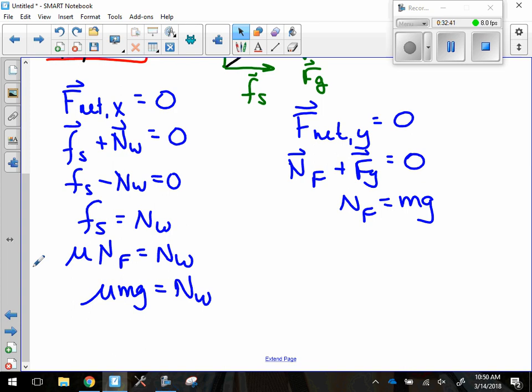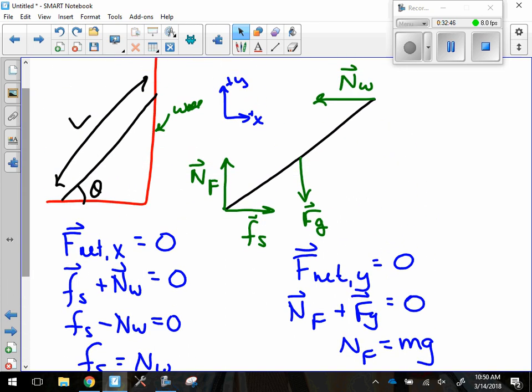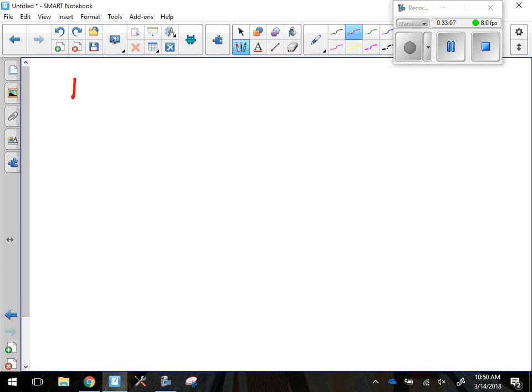Bingo. Okay. So where do you think we should do the torque around? Probably the floor, because I don't know what any of those things are. Okay. So that's going to be my axis of rotation. So I'm going to find the torque around, well, the contact point between ladder and floor.